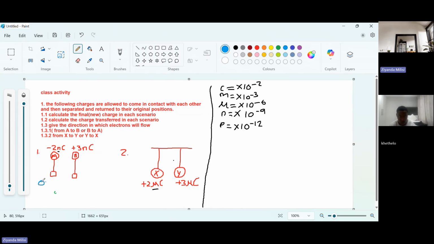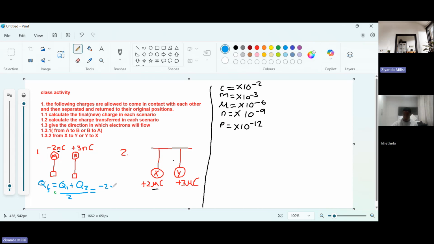You said Q final is equal to Q1 plus Q2 all over 2, which was equal to, in total, 5 times 10 to the power of negative 10 coulombs.